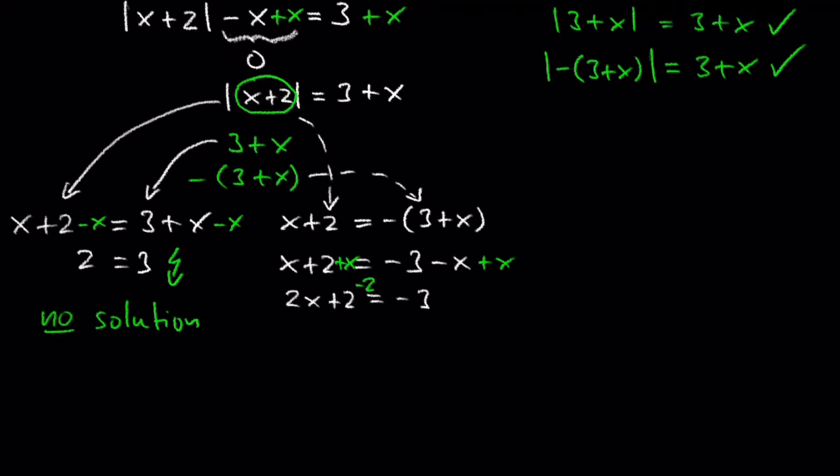Subtract 2 on both sides leads us to 2x is equal to negative 5. Divide by 2. X is equal to negative 5/2. Finally, we have a solution and can put it in the solution set.